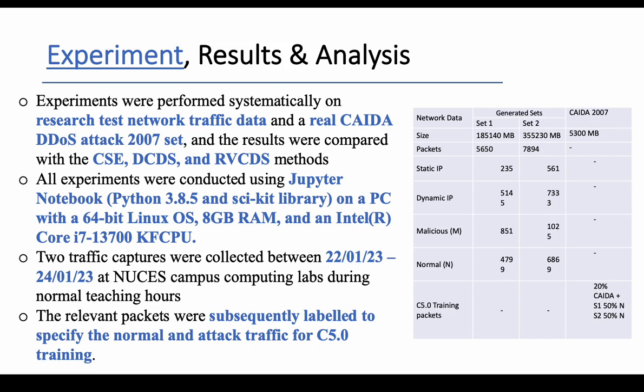These sets were further analyzed to account for any static and dynamic IP addresses used, and malicious packets were identified using offline traffic identification. The relevant packets were subsequently labeled to specify the normal and attack traffic for C5 training. And the specifics of the traffic dataset and training data percentages are listed in the relevant table in the paper, and they are presented on this slide very briefly.